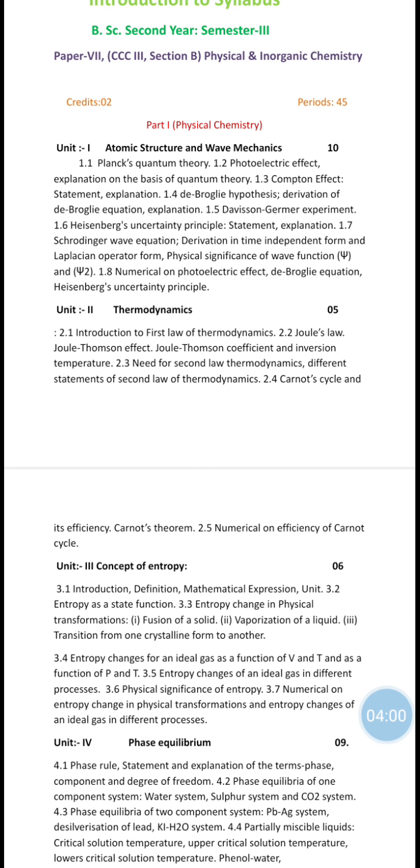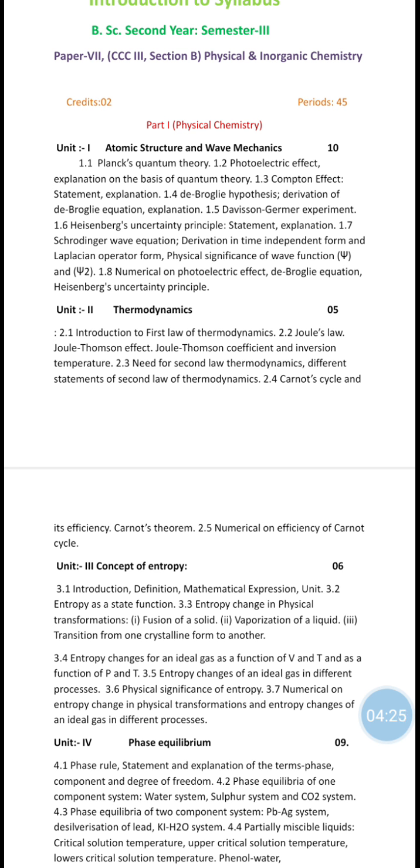Then the second topic, or the second unit, is thermodynamics. Now you know thermo means heat and dynamic means changes or kinetics.